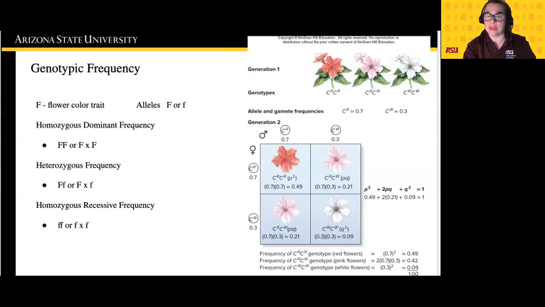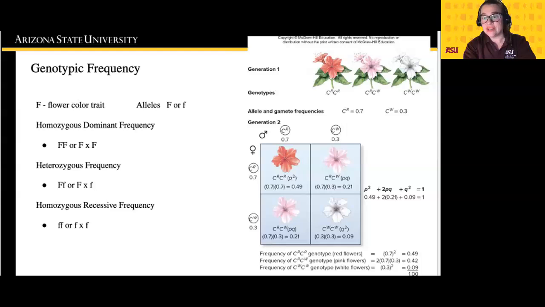Because in a normal population following traditional Mendelian genetics, when we look at a homozygous dominant times homozygous recessive true breeding cross, we would expect the 1 to 2 to 1 ratio.